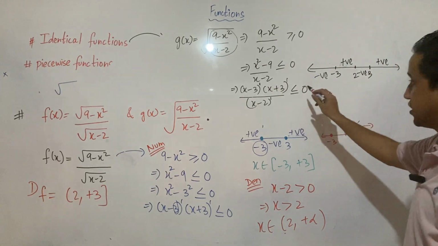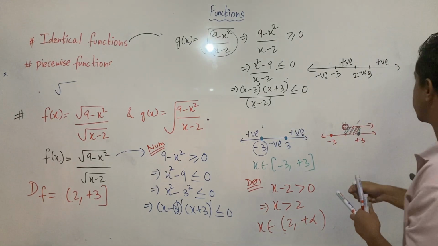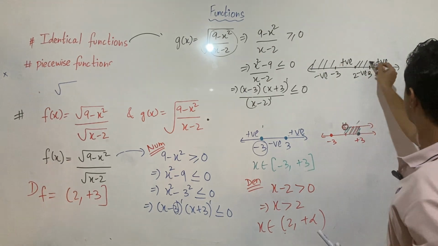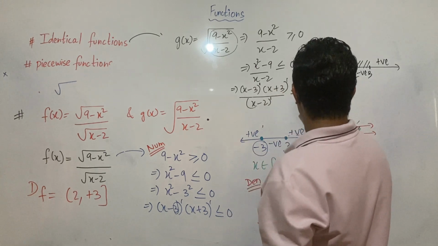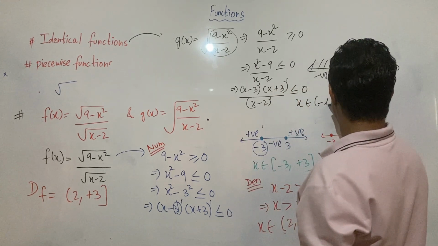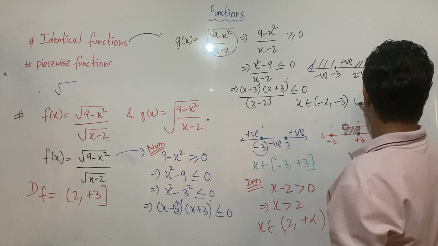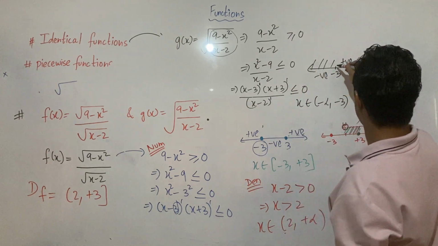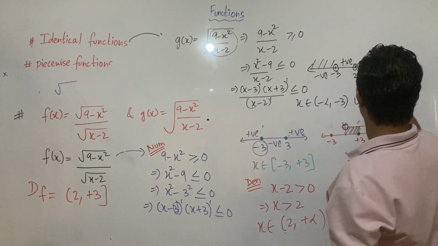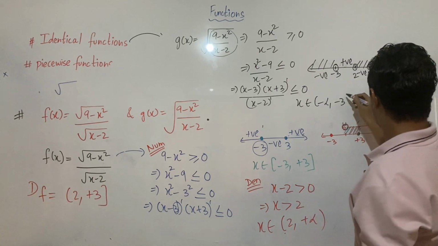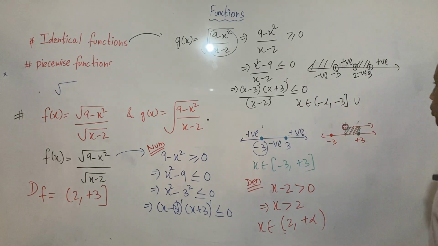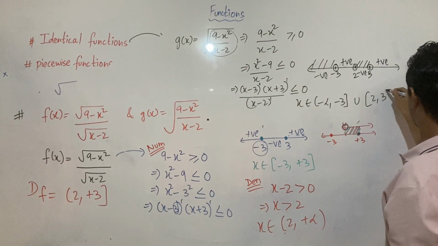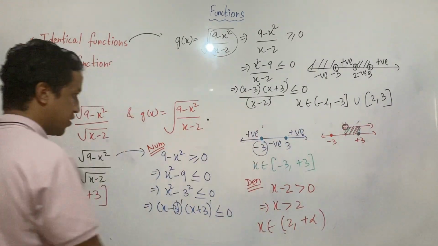Now less than or equal to 0 means the region that is negative. So from here, x belongs to minus infinity to minus 3, union, since it is less than or equal to 0 I have to include these points, union 2 to 3, right? Union 2 to 3.